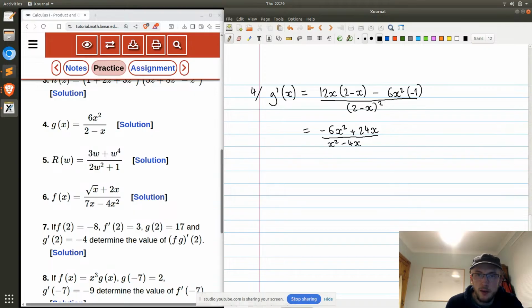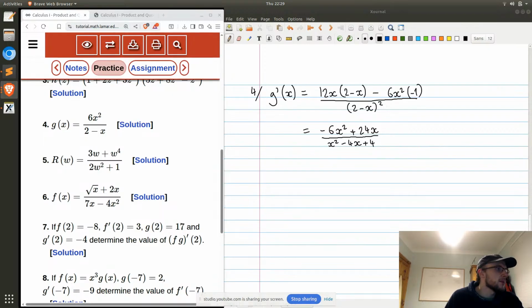Squared minus 4x plus 4. If we felt inclined to expand it entirely. However, no, I feel that's fine. Let's see if that's right.